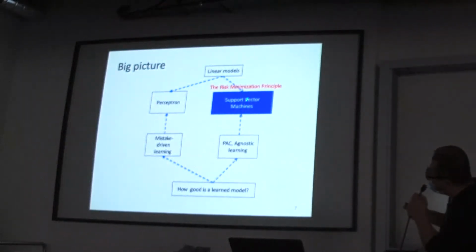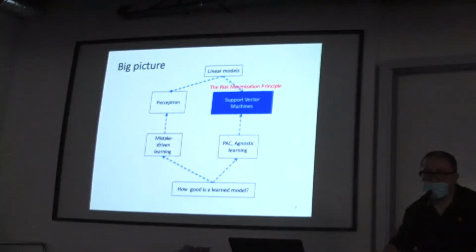In general, the learning principle for Support Vector Machines is called the risk minimization principle. You can view the risk as a kind of bound of the true error or the generalization error based on the training error, of course, and other terms like VC dimension, number of training examples, error level, and so on.